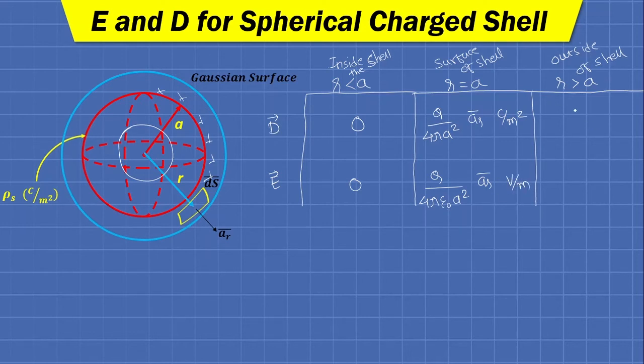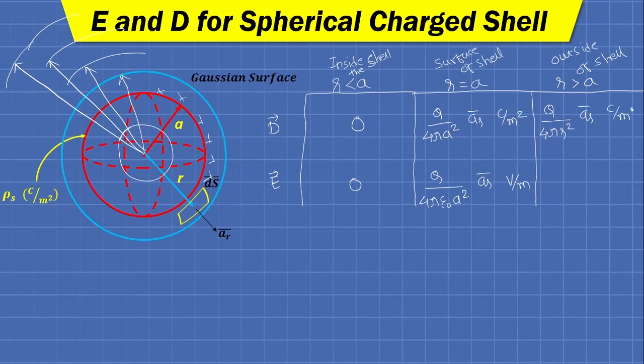Fine. But for the region outside the shell, the relation that we have got has 4 pi r square. Here r is not constant, r is the radius of Gaussian surface, so we can assume any number of Gaussian surfaces and this radius can be changed. Okay, so as we increase this radius, the intensity and flux density will decrease.